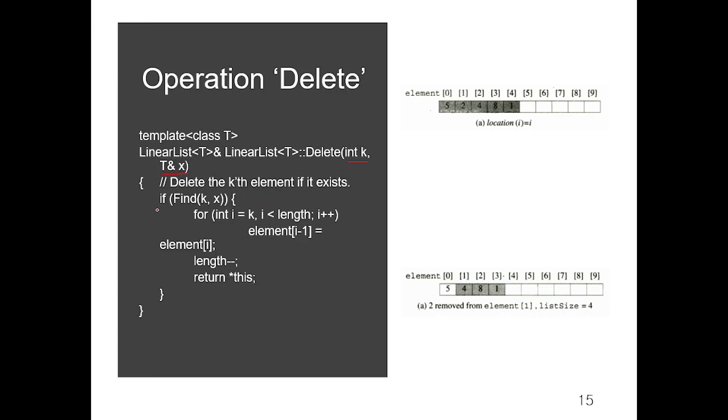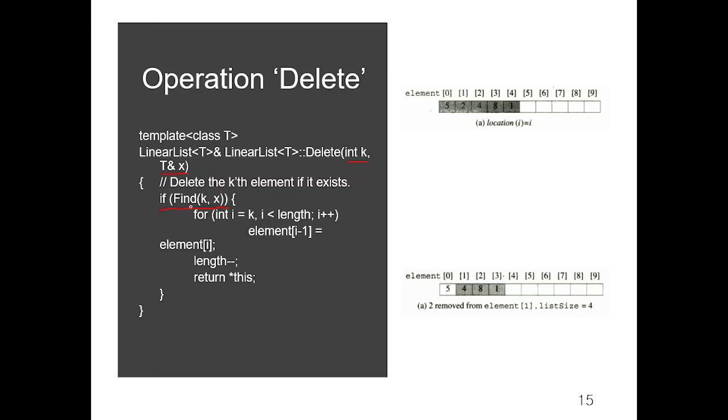So first of all we need to make sure that we have the kth element. For that we will call the find function. The find function returns a boolean value, true or false. If the kth element exists in the list, we will get a boolean value true, and the value would be returned in the variable x.